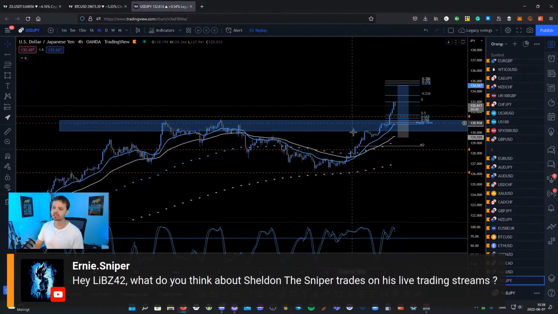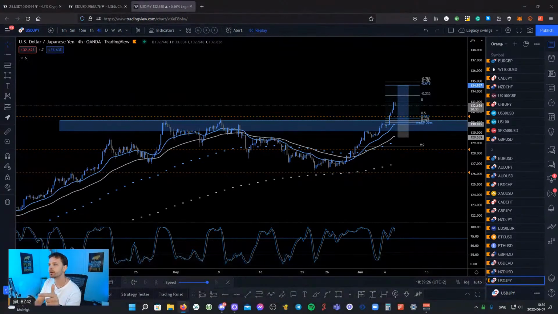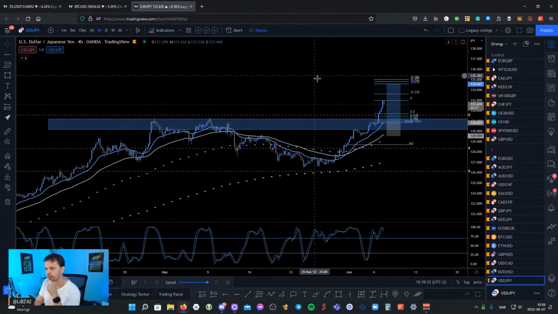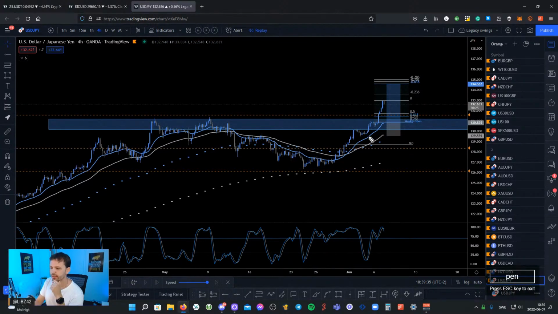But basically, what you should be doing is, if you're watching this USD/JPY trade right here, and I say something like, if price comes down and hits this breakout area, this support right here, I'm going to be buying when there's a confirmed bounce and everything aligns with the system.